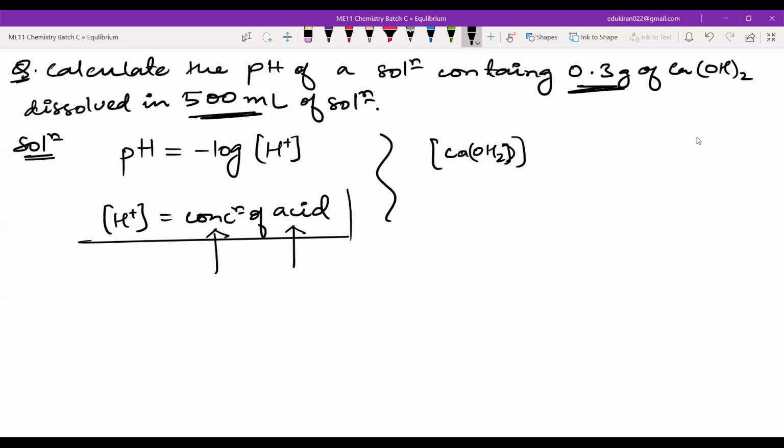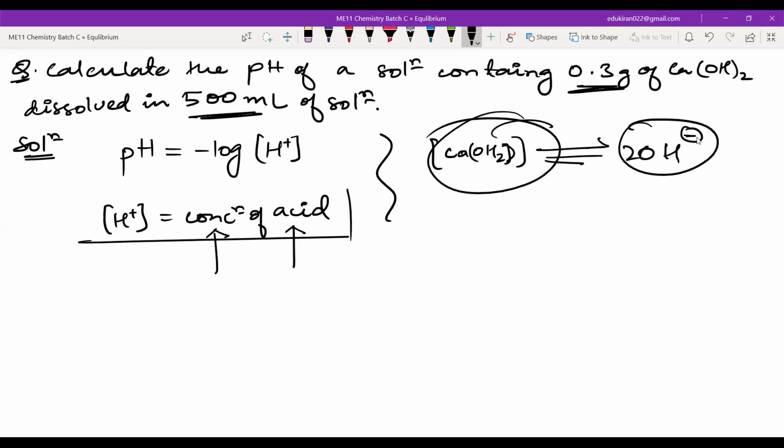Now, since this is given to us, whatever concentration we get from Ca(OH)2, please remember, I will get 2 OH negative from each Ca(OH)2. So I will get the concentration of OH negative. Now, how to calculate the concentration of H plus from OH negative? We know that Kw is equal to the concentration of H plus into the concentration of OH negative. So indirectly the concentration of OH negative is given to me, right?